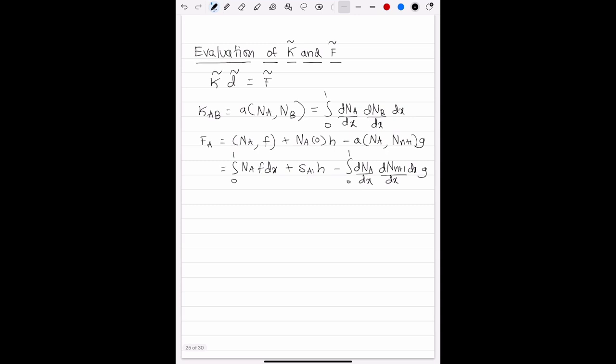Now how did I get this particular relation over here? So N_A(0) times h can also be written as N_A(x_1) times h, because our first node x_1 is nothing but 0, which can now be simplified as delta_A1 times h using the relation N_A(x_B) equal to delta_AB. So that's how we get this particular expression over here.